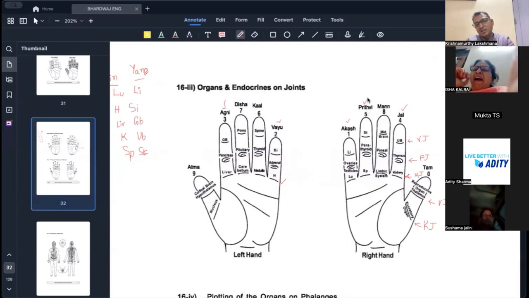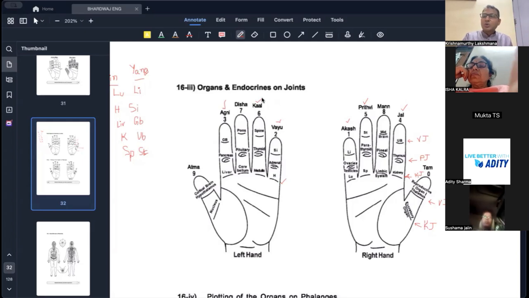Now finger number 6, Kal. Now we are moving towards metaphysical elements.